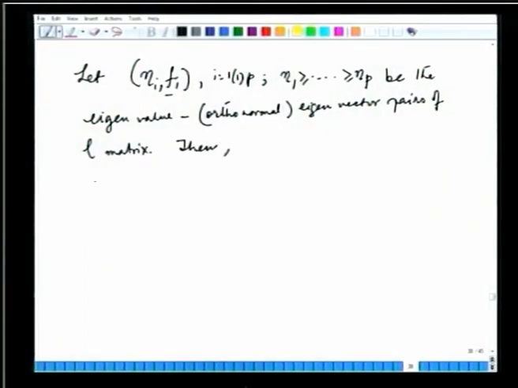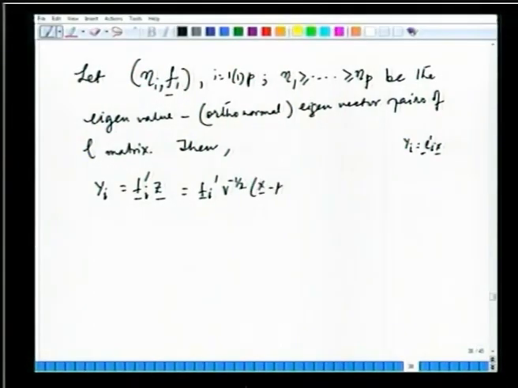Then what is the ith principal component? Let me use the same notation yi for the principal component. Originally, if you recall, I had yi as ei transpose x. Now, using these notations, I should have this as fi transpose z, and this is nothing but fi transpose V^(-1/2) (x - mu).